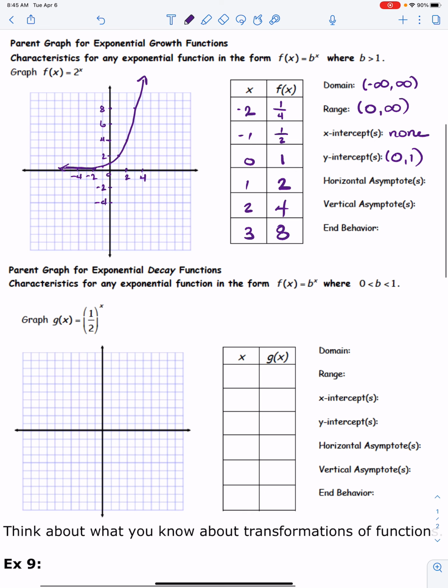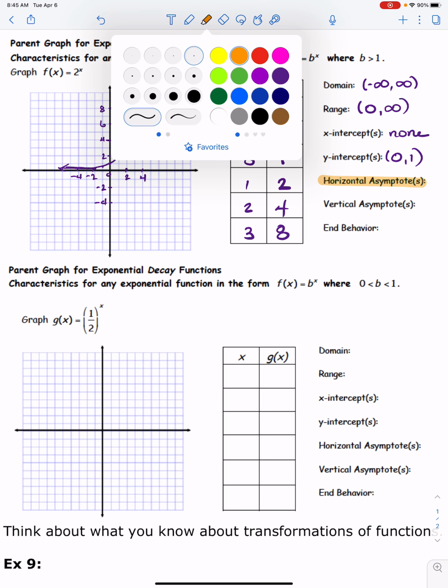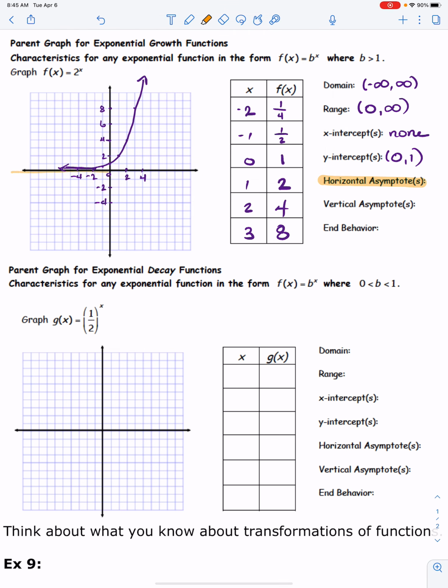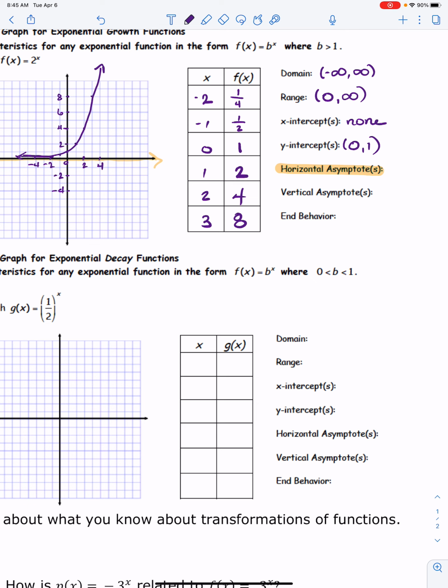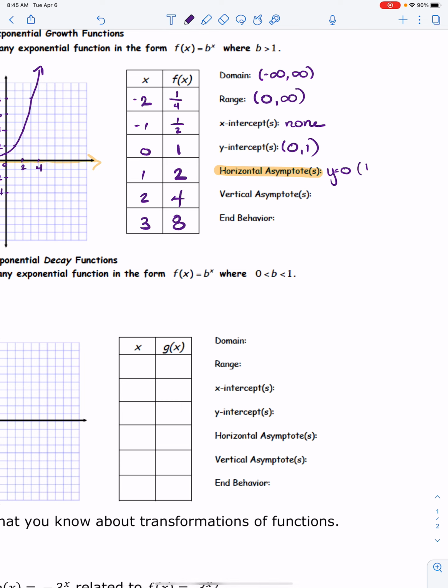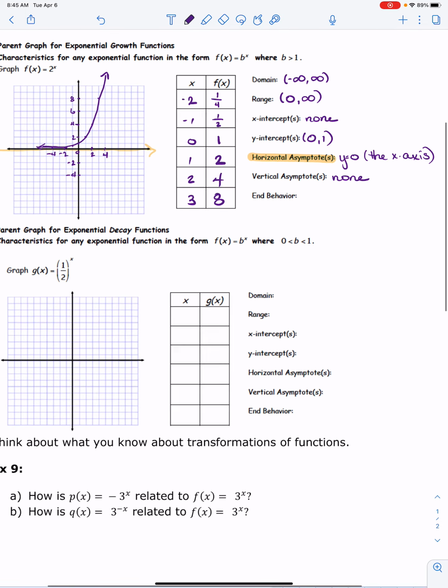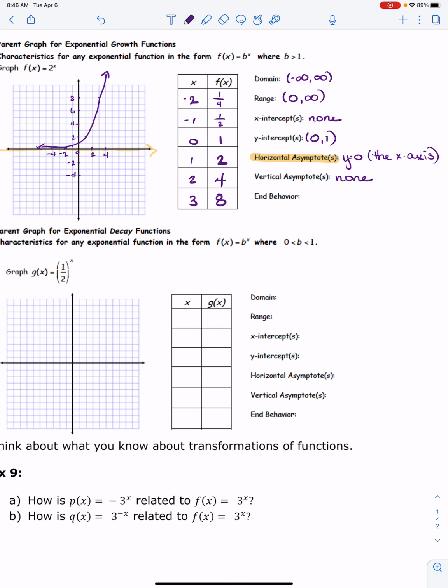Okay, so our horizontal asymptote is our x-axis. And if you think about it, I got the point 1, 0, 2, 0, 3, 0. That's where y equals 0. We have no vertical asymptote. Our end behavior, what happens at the ends?